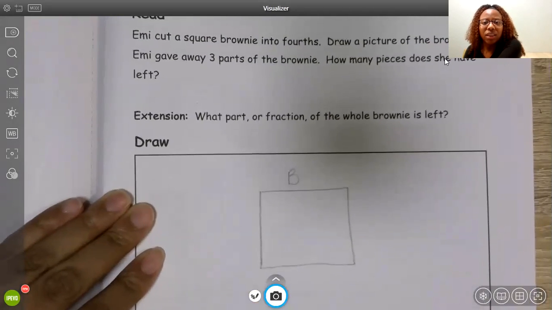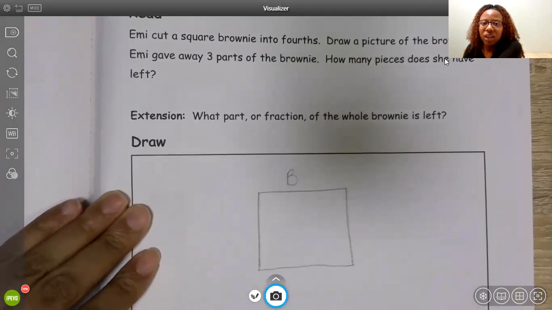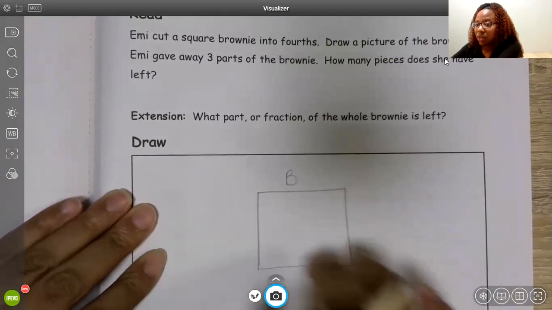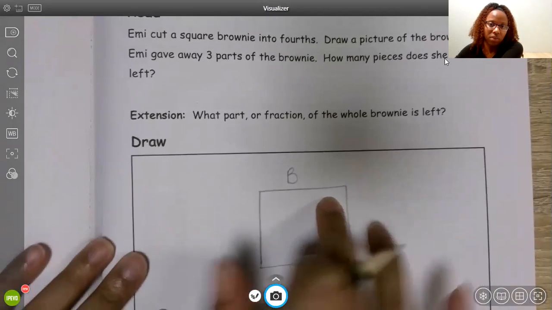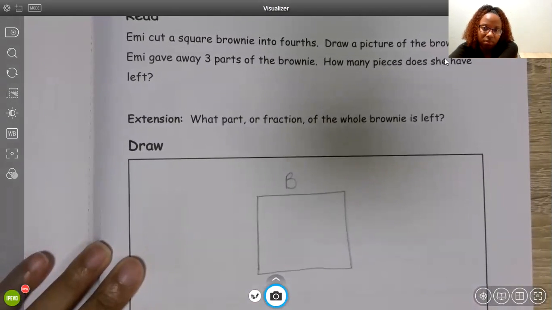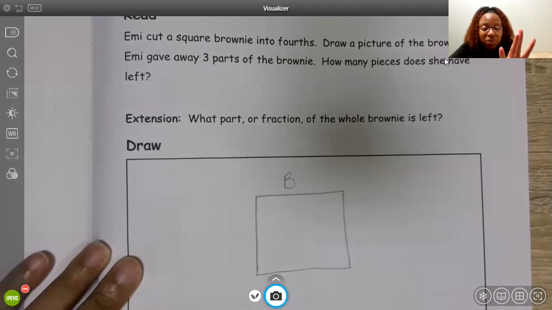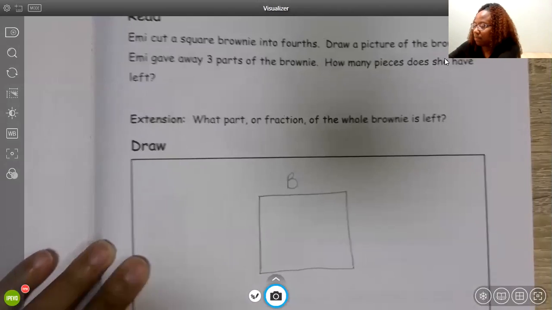And it says she cut them into 4s. If she cut them into 4s, how many smaller squares am I going to have inside of this square? I am going to have 4 smaller squares inside the big one.